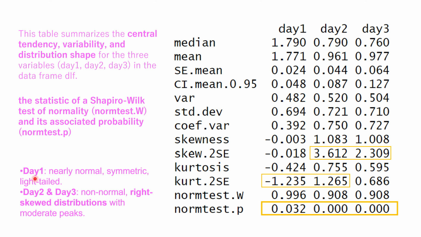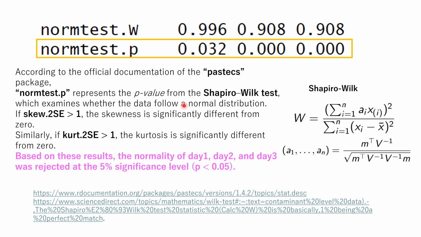Also, I asked ChatGPT and ChatGPT answers that day 1 is nearly normal and symmetric and would be acceptable, but day 2 and day 3 are not acceptable. Norm test p represents the p-value from the Shapiro-Wilk test, which examines whether the data follow a normal distribution.